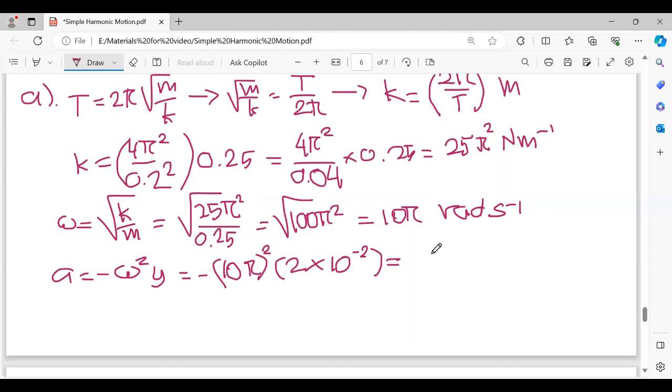If we calculate, we can find the solution: negative 2 pi squared meter per second squared. Okay, that's a.